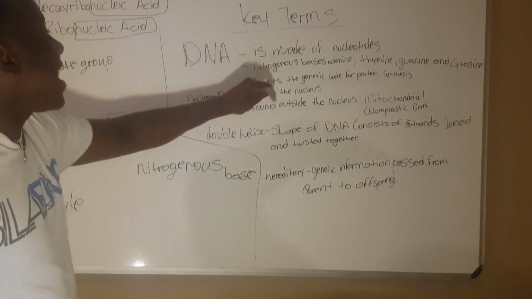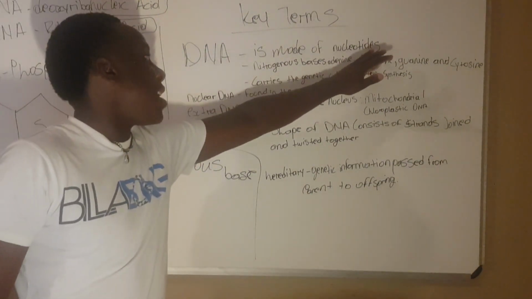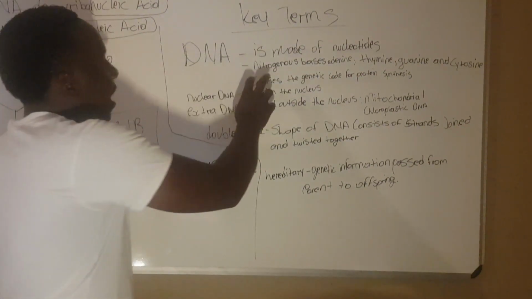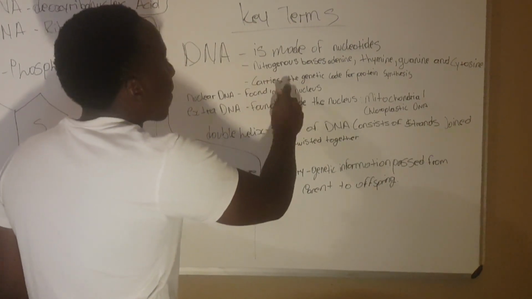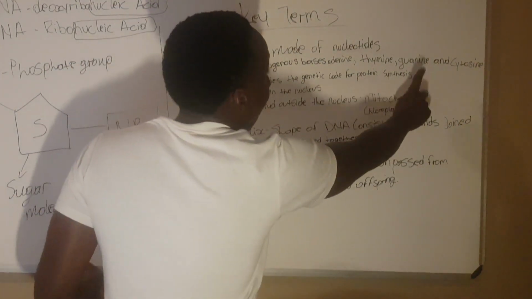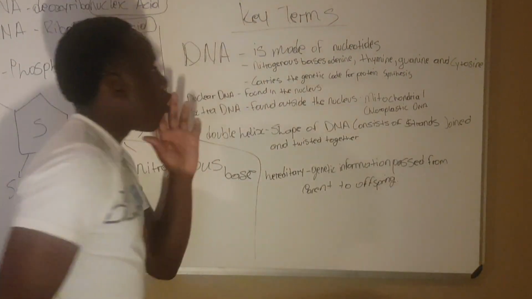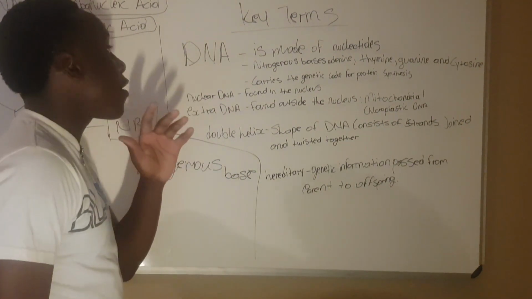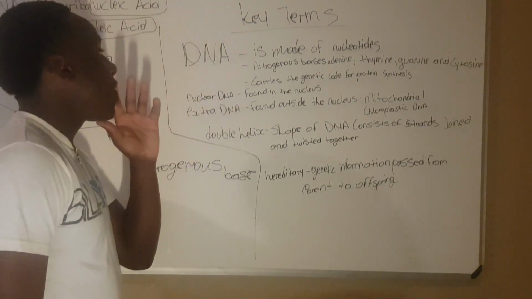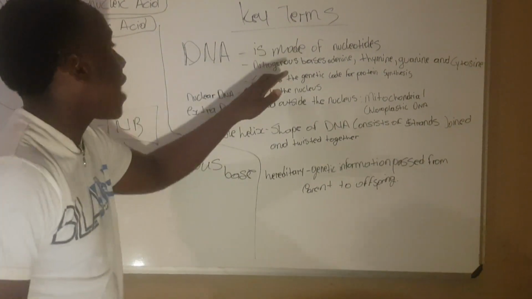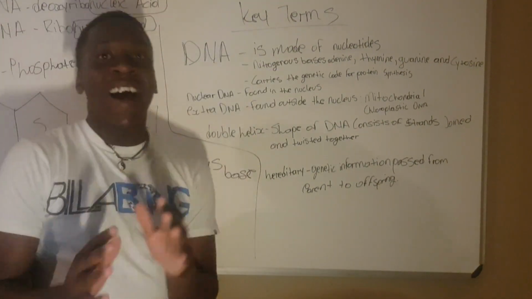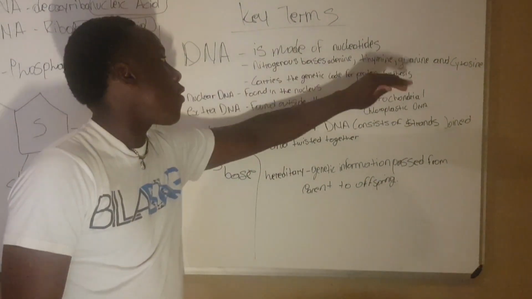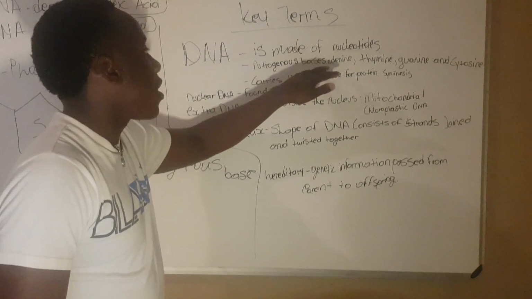DNA is made up of nucleotides, and DNA has the nitrogenous bases adenine, thymine, guanine, and cytosine. In another topic we are going to discuss the nitrogenous bases of RNA. Note, they are not the same.